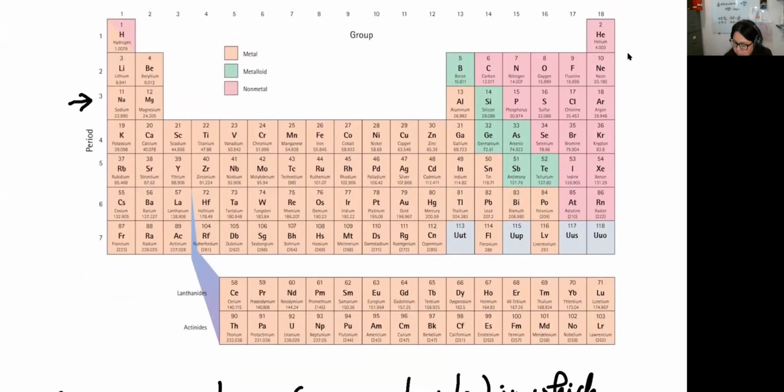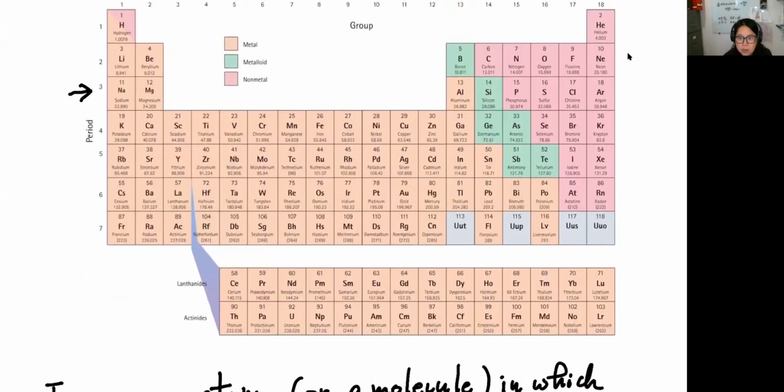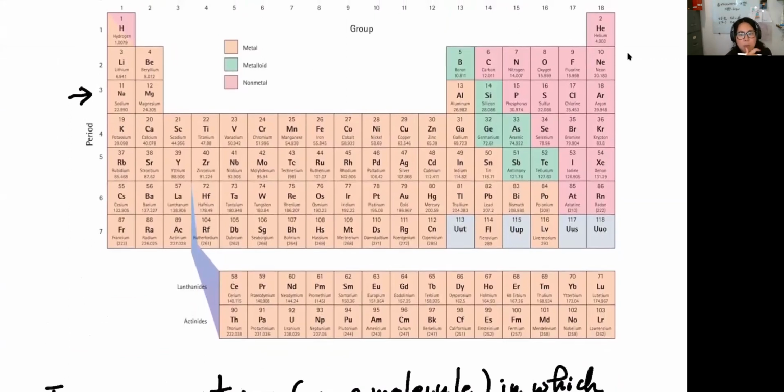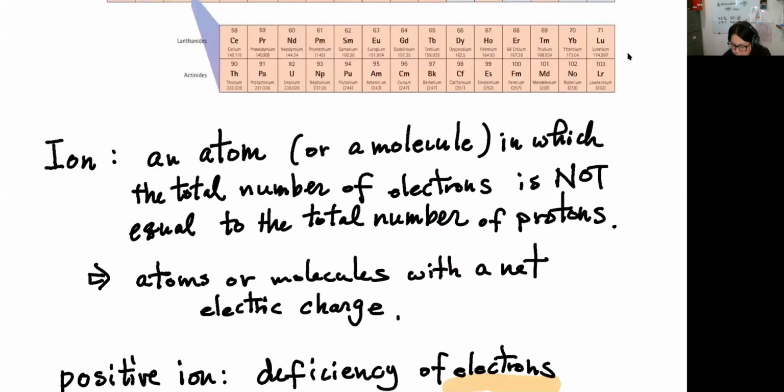Oxygen. Oxygen here. What's the atomic number of oxygen? 8. So there are how many protons? 8. How many electrons? 8. So 8 protons and electrons.